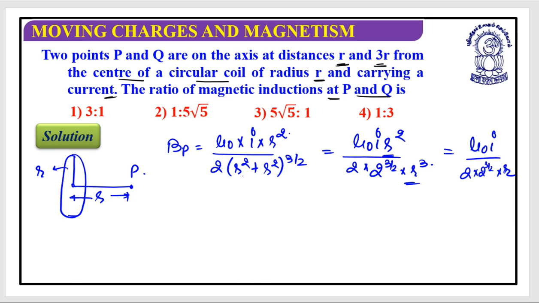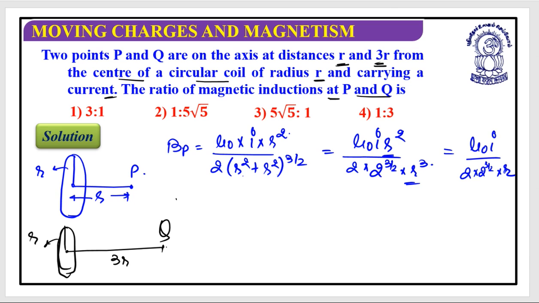Now, in the same manner, let's get this done for point Q. This is radius r, and you want it at the location of 3r.